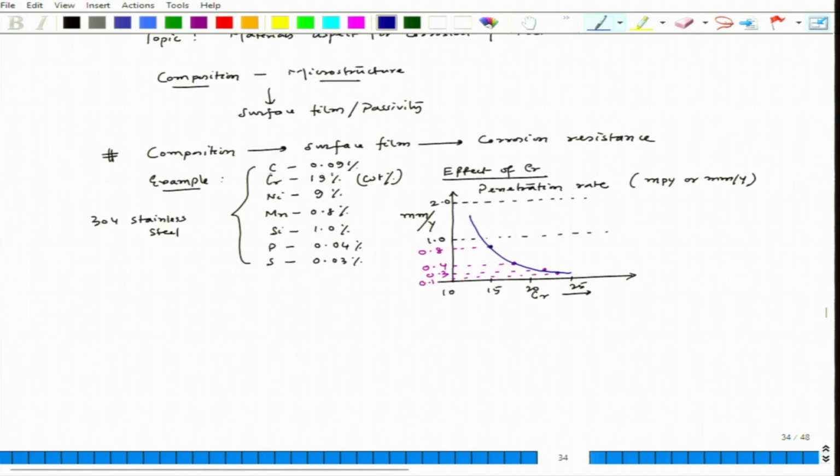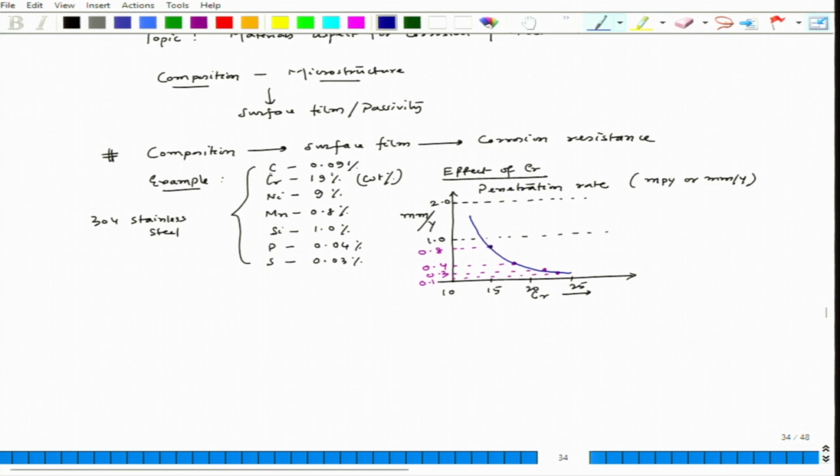But if we go close to 18% and more, the improvement in corrosion resistance is not that much. That gives us an idea that it is not good to go beyond 18 to 19% chromium, because it would unnecessarily increase the price of the steel without giving much effect on corrosion resistance. So, that is why in 304 we maintain the chromium percentage around 18 to 19%.